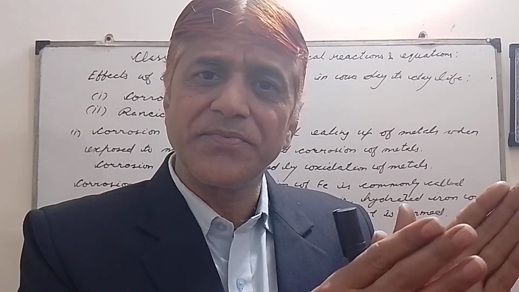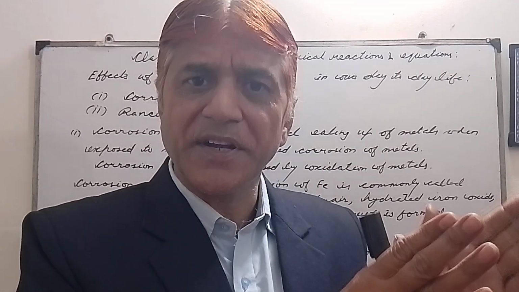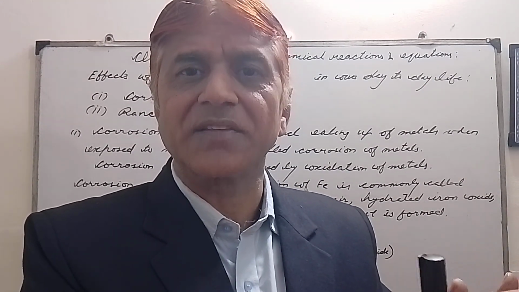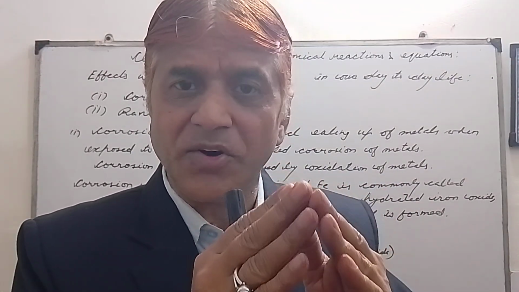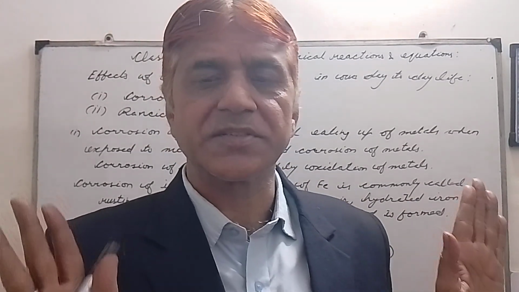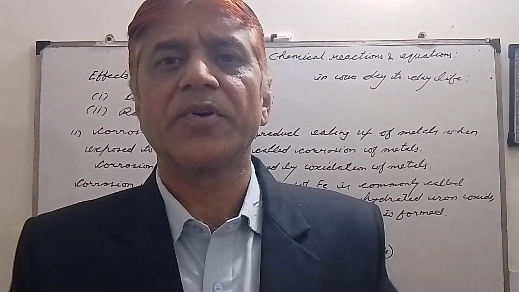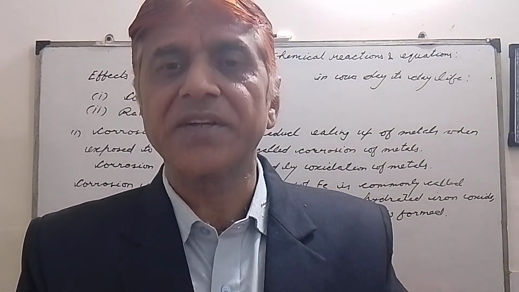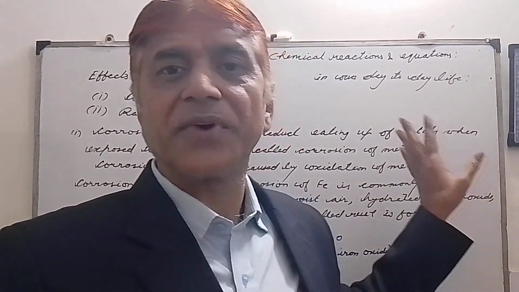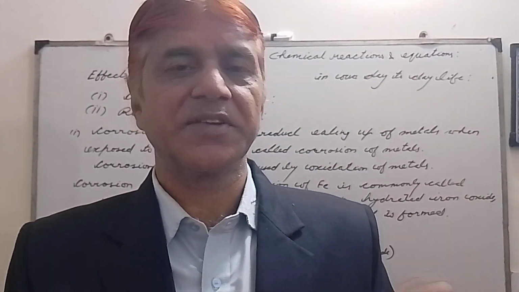This process continues till the whole iron metal gets totally oxidized, eaten up or damaged. Therefore, my dear students, it is very important for us to prevent rusting of iron. We will take that in our next video.